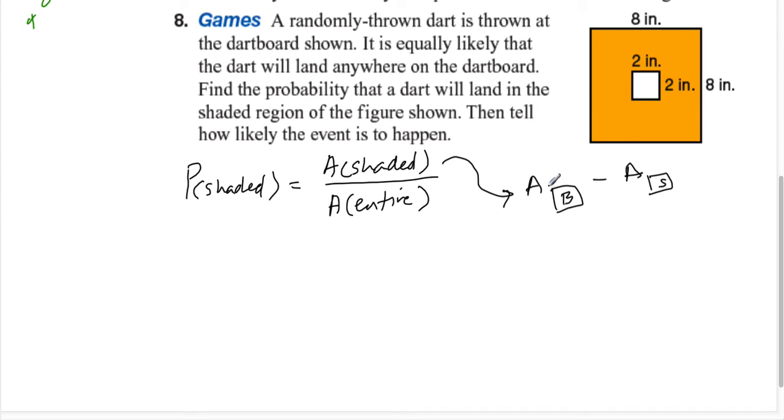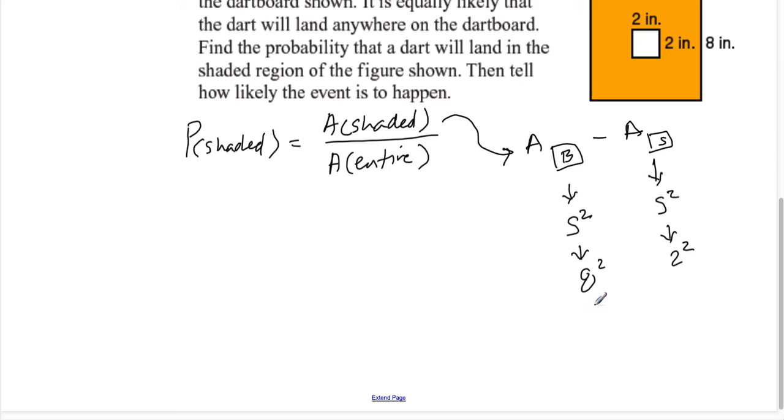Okay, and we know that the area of the big square is s squared, or 8 squared, and the area of the small square is also the formula s squared, or 2 squared. Applying this, you now have 64 minus 4, or 60 square inches, as the area of your shaded region.